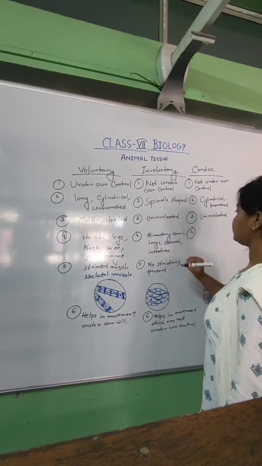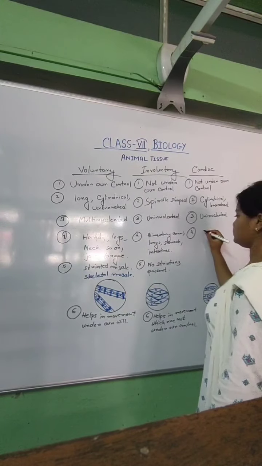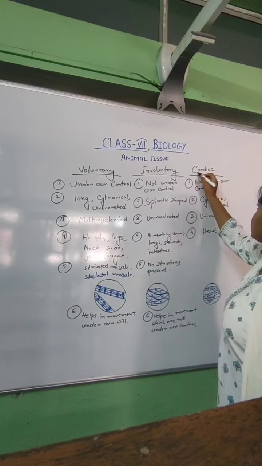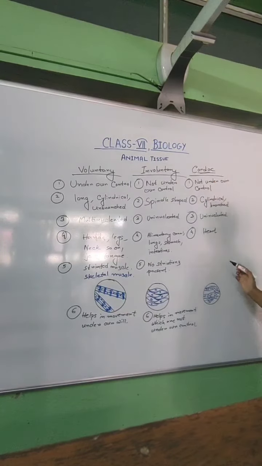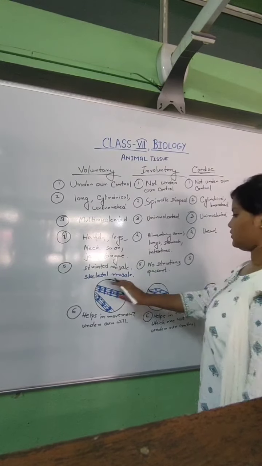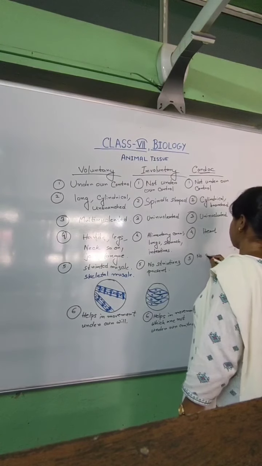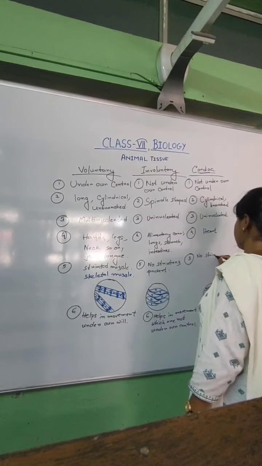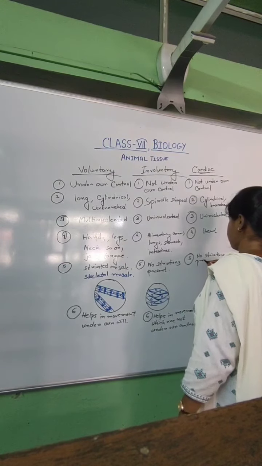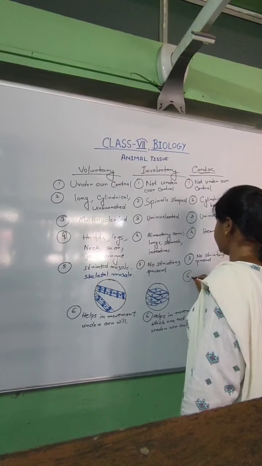For the fourth point, where can you find it? Obviously in our heart, only in the heart. That is why it is called cardiac. Cardiac means heart. For the fifth point, no striations present here.